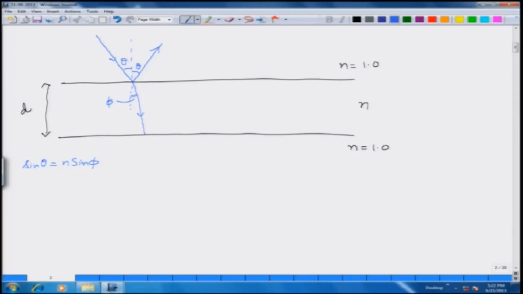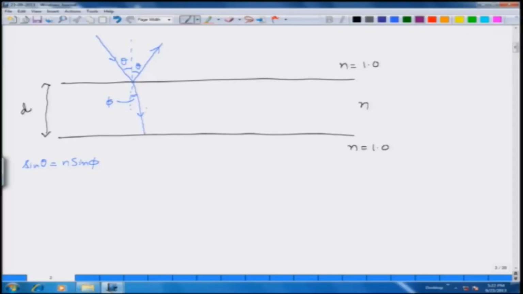In the earlier description, we just looked at the reflection or refraction at one single interface, but when the film is thin enough, this light which is transmitted then comes and sees the second interface. Now, what happens is at this interface also it is going to experience refraction and reflection, which means this angle is again going to be the same as phi.